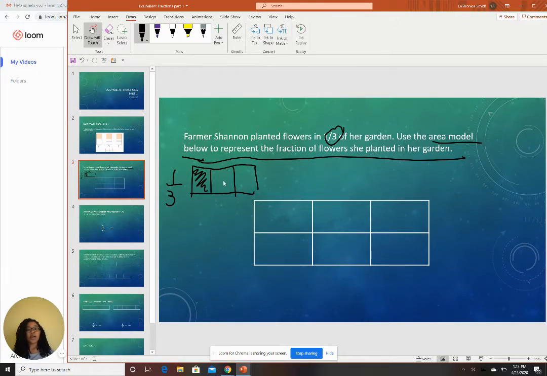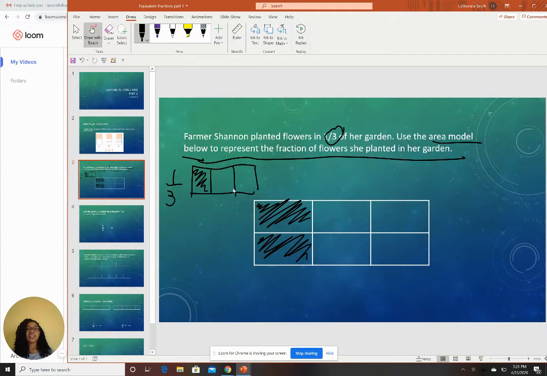So I'm going to color an amount that will be the same value, even though it doesn't look the same. If I look here, it shows that this piece is colored. So it looks like if I colored these two pieces, then it's the same amount shaded, okay?